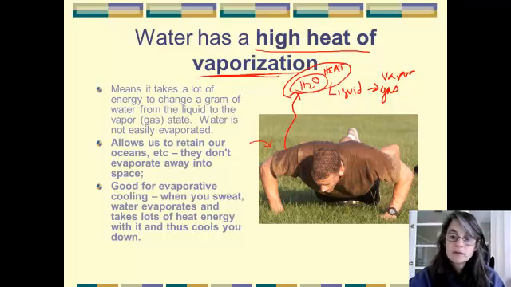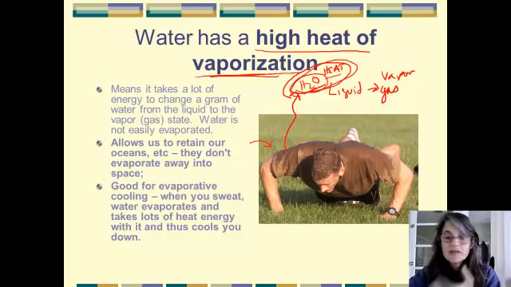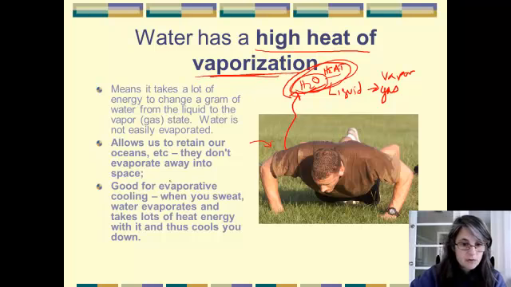So the water molecule leaving this guy's body, because his body got so hot, it made this water molecule vaporize, it took heat with it. Now, when it takes heat with it, this guy feels cooler, and that's how evaporative cooling, which is right here, evaporative cooling, that's how that works.